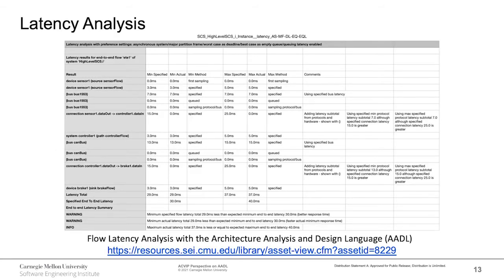Now that the system model is specified, let's look at the AADL latency analysis provided by the OSATE plugin to understand problems in the current system design. The latency analysis is performed on AADL models that include end-to-end flows and calculates minimum and maximum latency, taking into account a wide range of latency contributors.